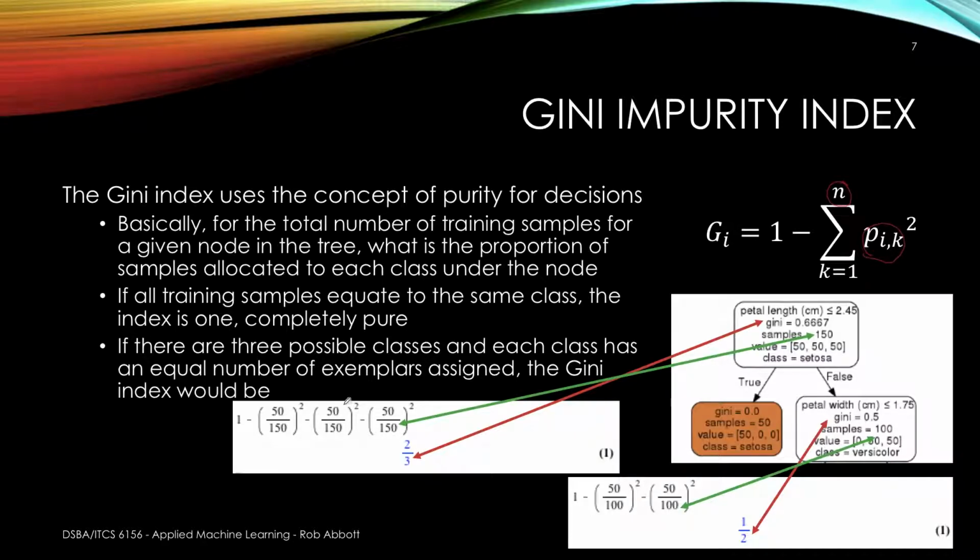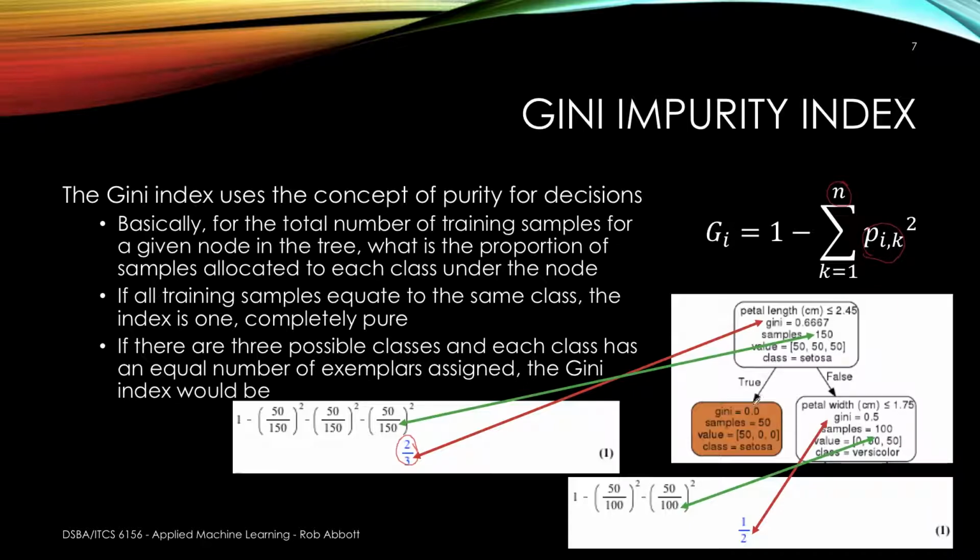So when I do the math for the top level node, I get 1 minus the quantity 50 divided by 150 squared, minus the quantity 50 divided by 150 squared, minus the quantity 50 divided by 150 squared. And I end up with this Gini impurity number of 2/3. What this tells me is that 1/3 of the data can be separable. The other 2/3 of the data is not separable by a single decision.